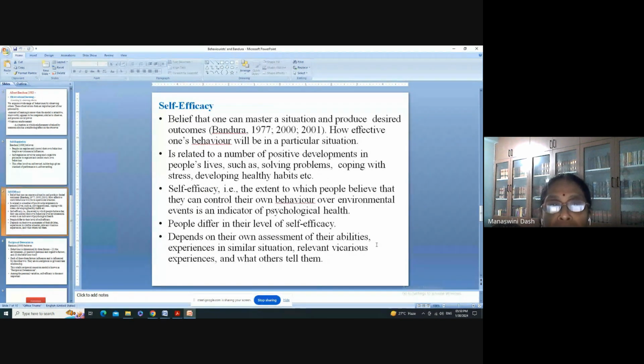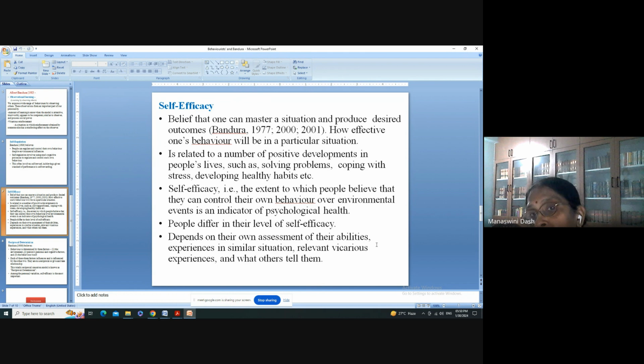Self-efficacy is the belief that one can master a situation and produce positive outcomes. How effective one's behavior will be in a particular situation.